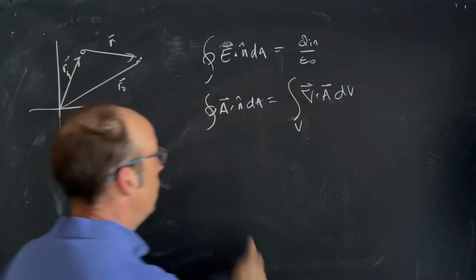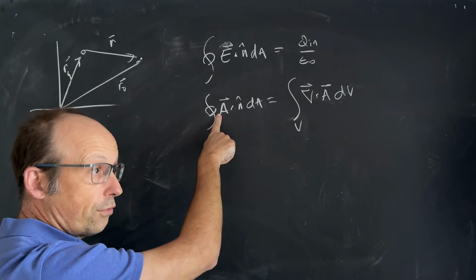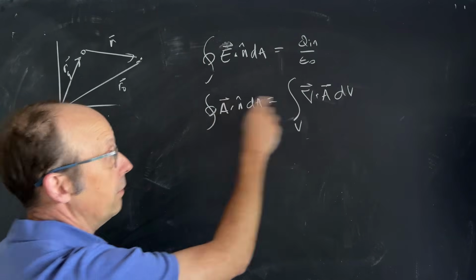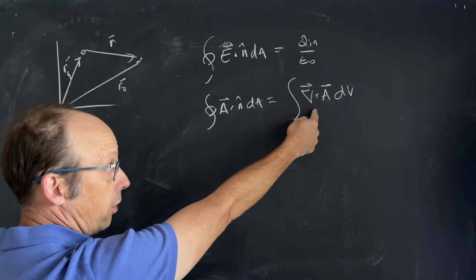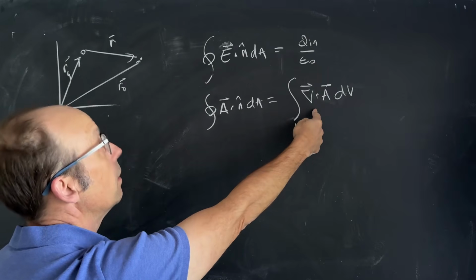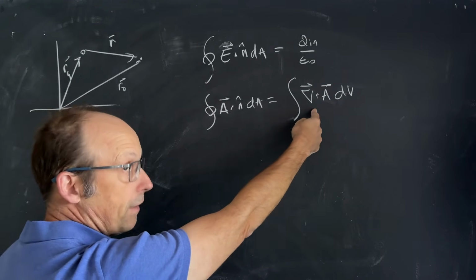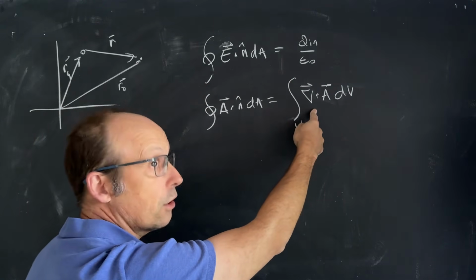That's a volume integral. So if I integrate over the surface area of any vector A, I could also integrate the divergence of that over the volume enclosed in that.